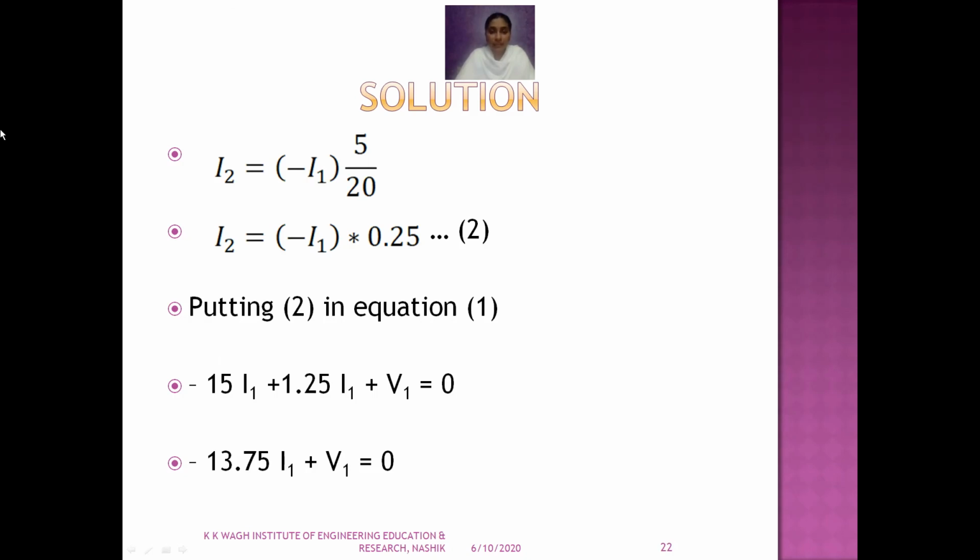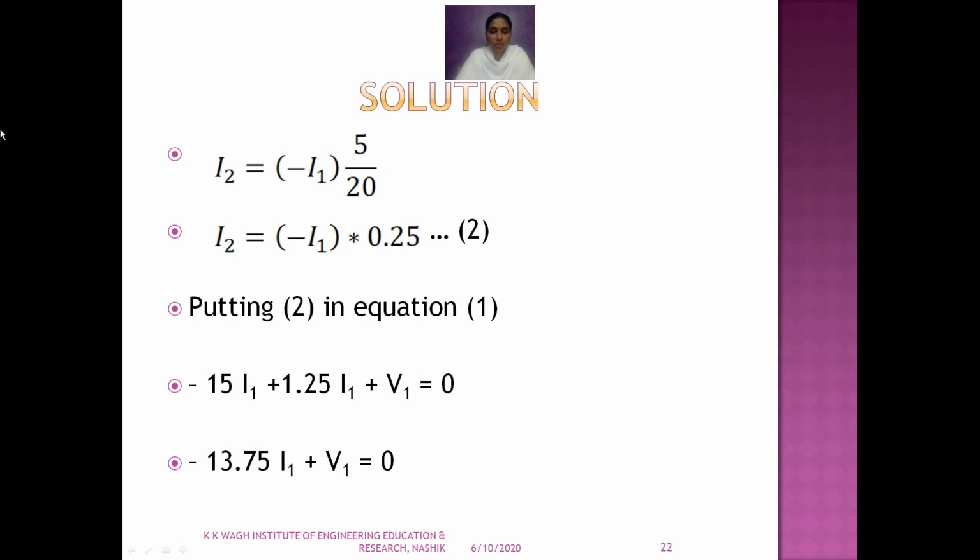The negative sign exists because the directions of I1 and I2 are opposite to each other. 5 by 20 is 1 by 4, which is 0.25. Therefore, equation 2 becomes I2 is equal to minus I1 into 0.25.